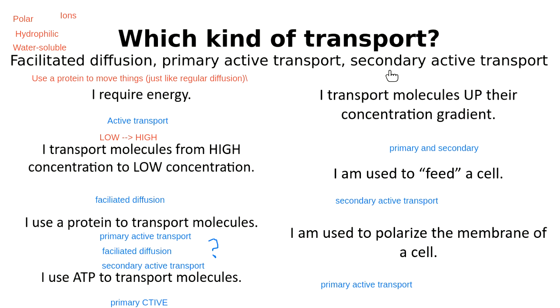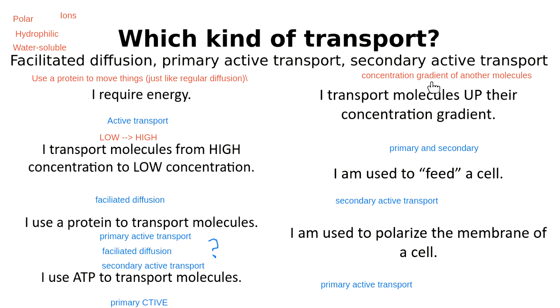When I talk about secondary active transport, I use the energy of, and it's kind of weird, but this is the way it's worded in the lesson and in your packet, the concentration of another molecule. When I do secondary active transport, the energy comes from one molecule that goes from a place where there's a high concentration downhill to where there's a low concentration.